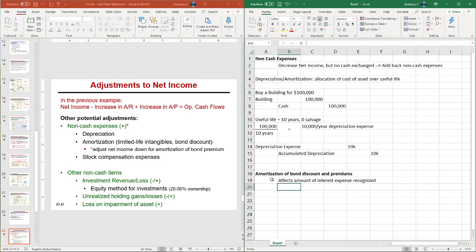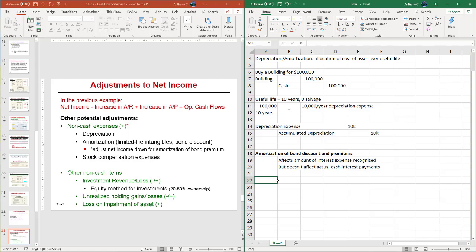However, the amortization of bond discounts and premiums doesn't affect the actual amount of cash that we pay for interest. So since the interest expense will be recognized in net income, but not all of it will affect our cash payments, we need to adjust net income by the amount of discount or premium amortization to get net income to a cash basis.